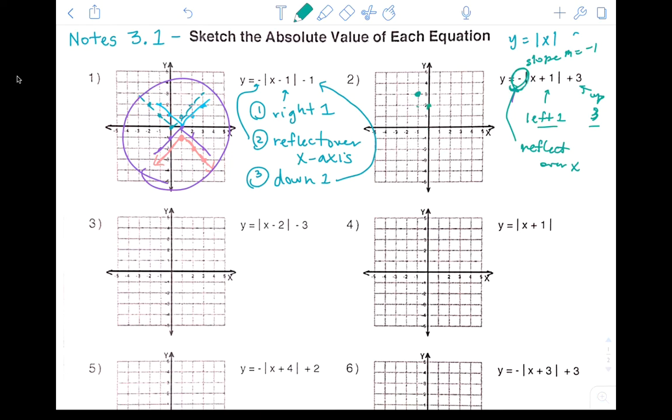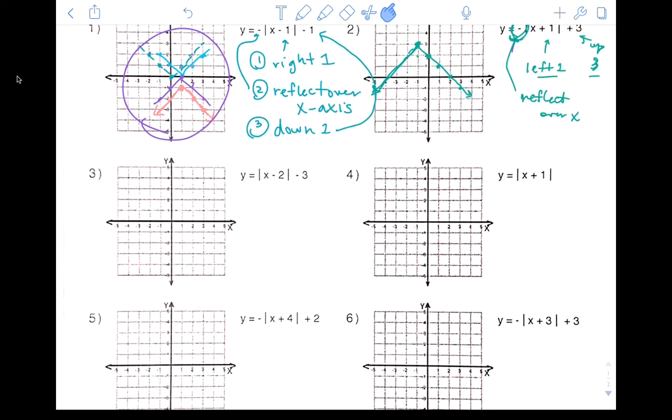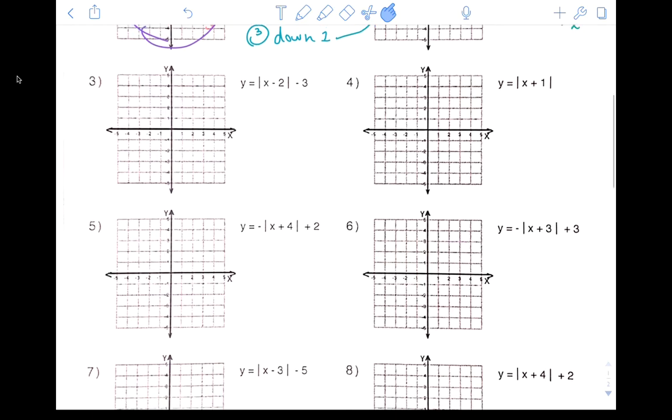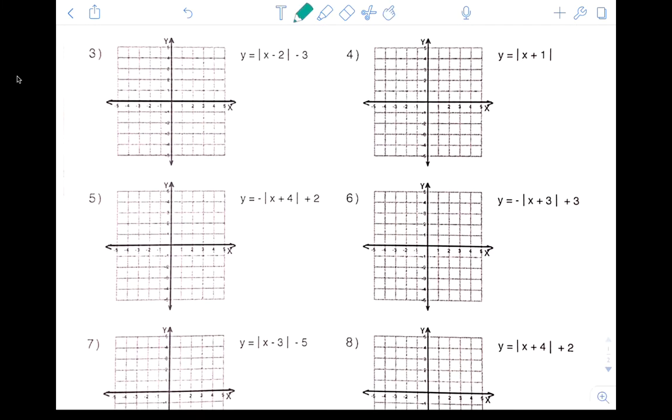Down 1, right 1, down 1, right 1, down 1, right 1, down 1, right 1. Now that's only one side. You'll have to know to go back the other way. Down 1 and back 1, down 1 and back 1, etc. But that's not hard. That's actually really easy. So telling me about stretches and shrinks and reflections should be really simple because it's just your slope.